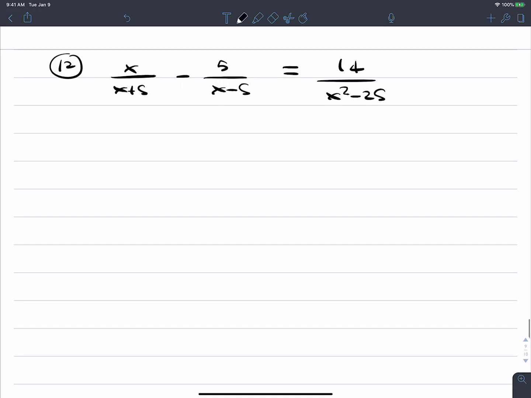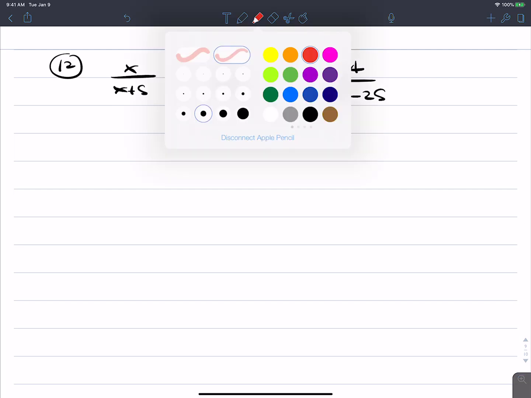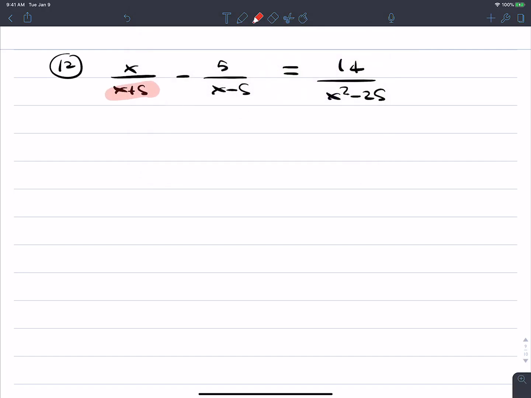Now, here's where we're starting to make things a bit interesting, right? If you guys remember the LCM, we're going to have to find the least common multiple of the terms in my denominator, right? X plus 5, x minus 5, x squared minus 25. But we went over this.